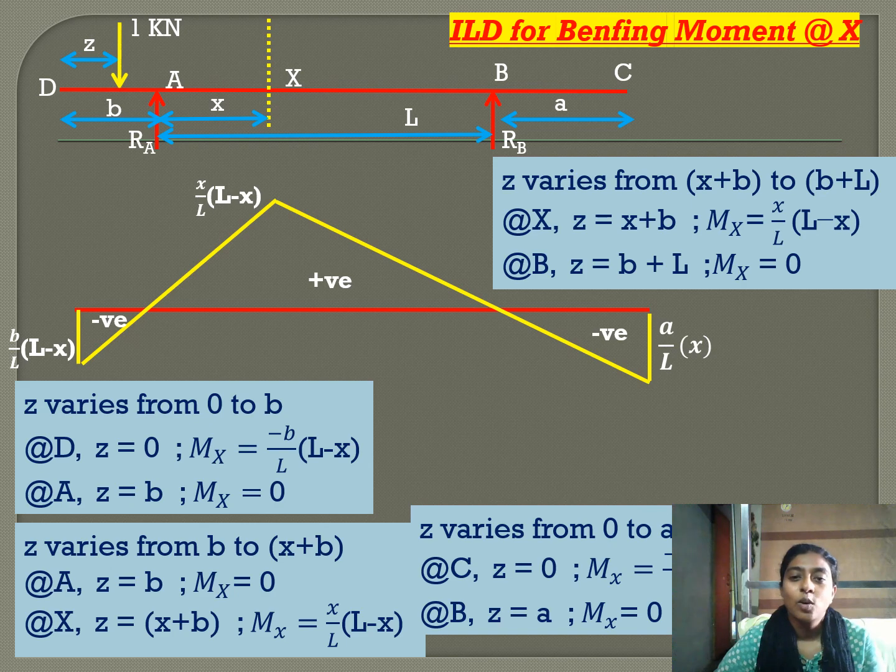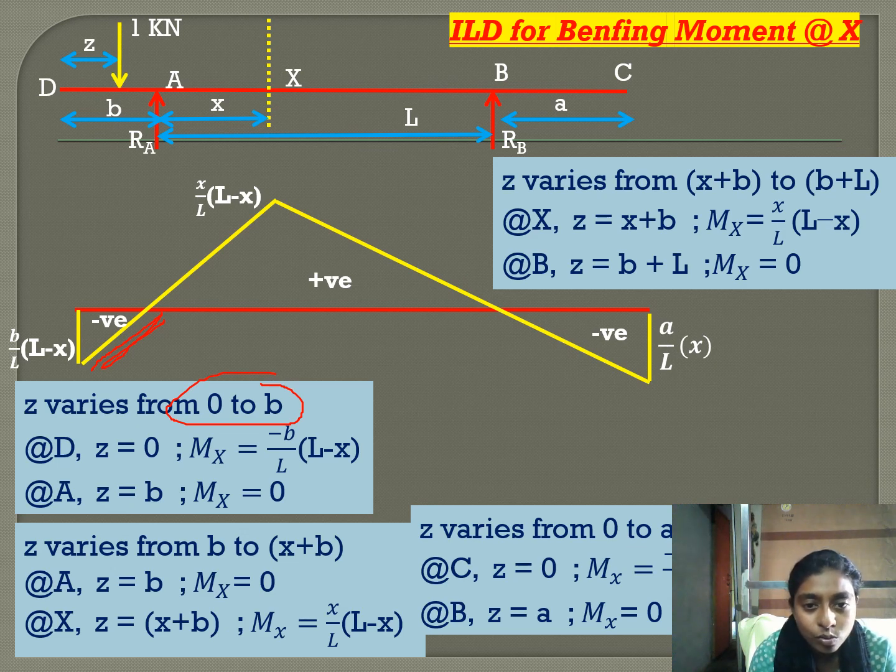So, we will take all the four parts together. First part, when Z varies from 0 to B, it is minus B by L into (L minus X) to 0. Now, second part, Z varies from B to X plus B, so the variation is from 0 to X by L into (L minus X).